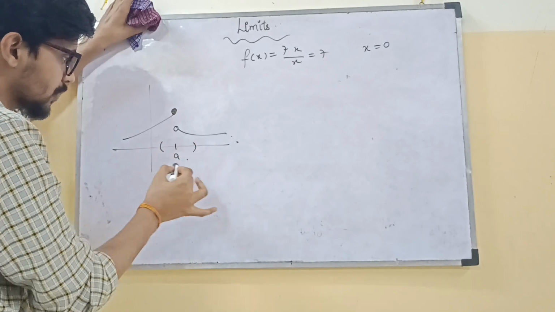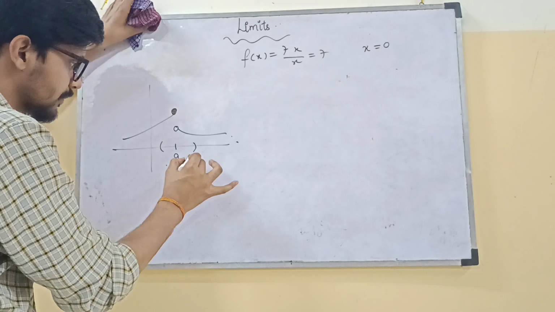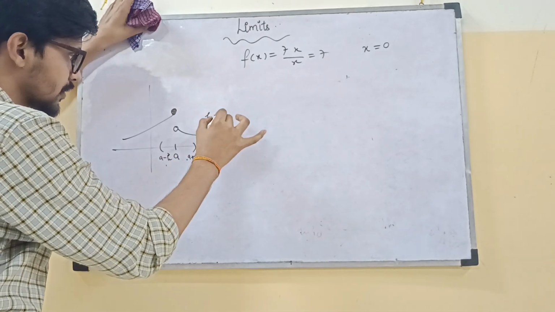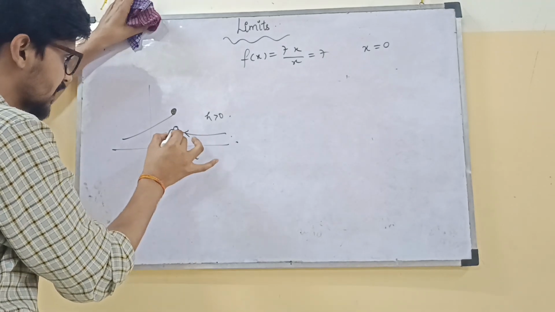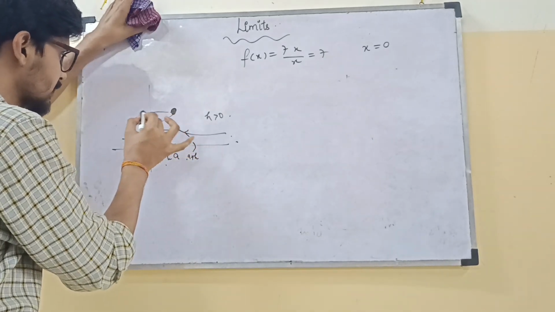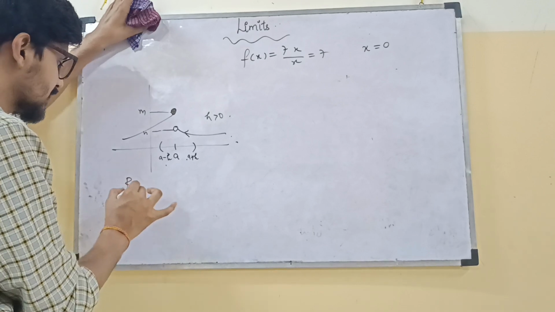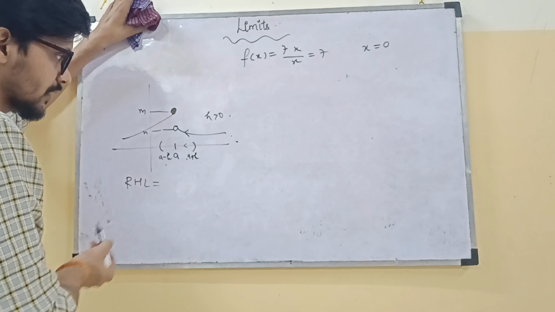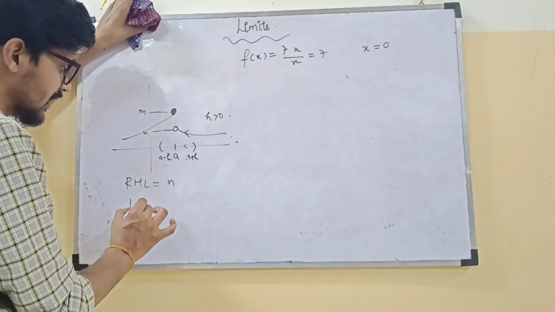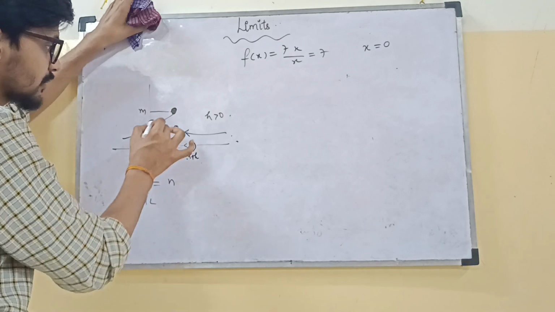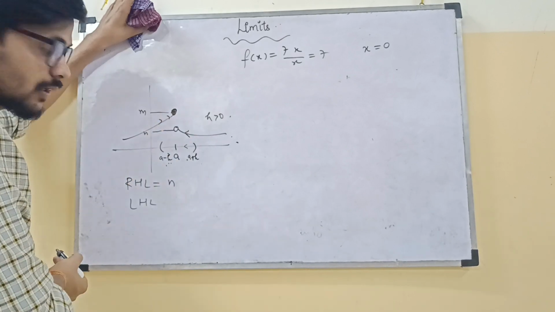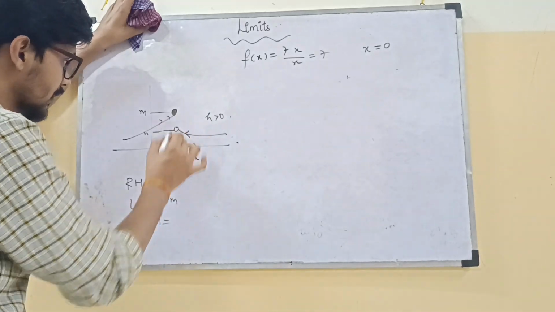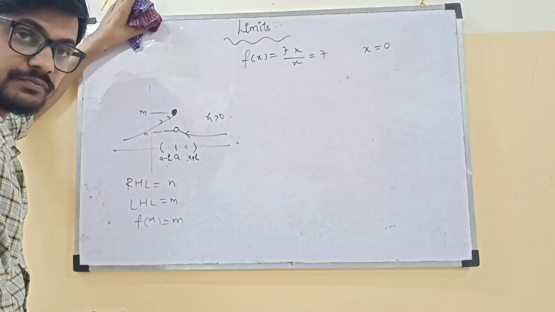If you approach towards this point a from the left and from the right, where h is greater than 0, your functional value is coming out to be, let's say, n, and here from the left m. So RHL will become n, because you're approaching towards the point a from the right, and LHL will become m, because you're approaching towards this point from the left, and the functional value itself is m, right?